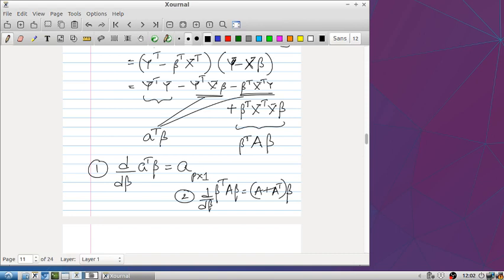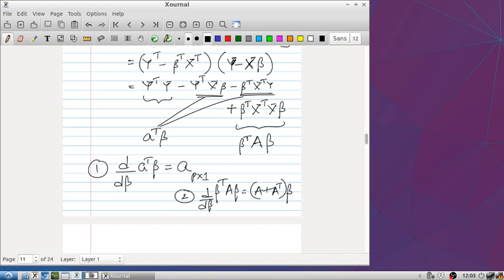This one is not very easy to see. It just requires some algebraic computation. This is a quadratic function of beta, in the sense that there will be beta square stuff here. If you take the vector derivative of a number with respect to vector beta, and it has squaring kind of stuff, then it's still a function of beta: A plus A transpose times beta.